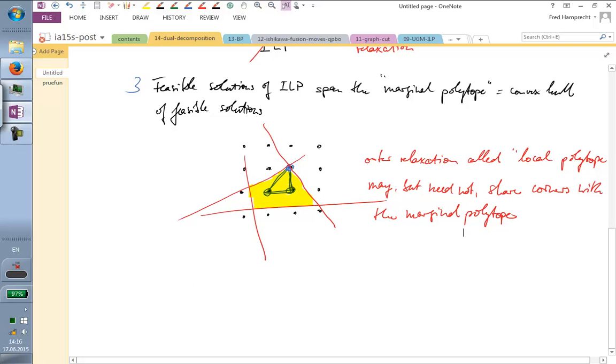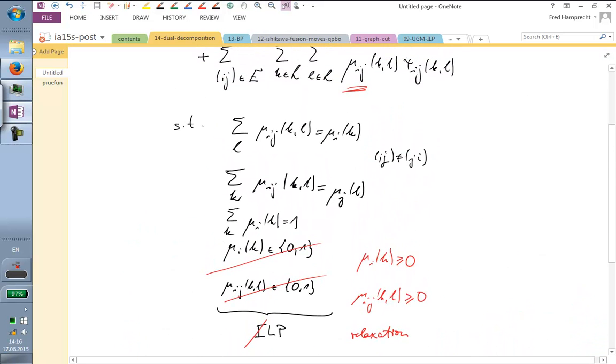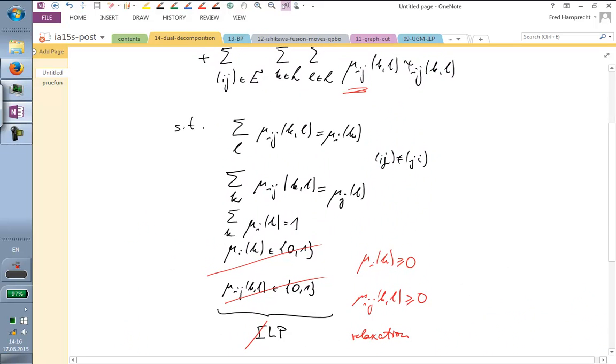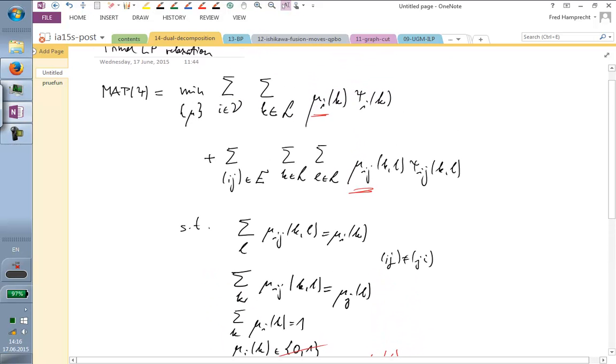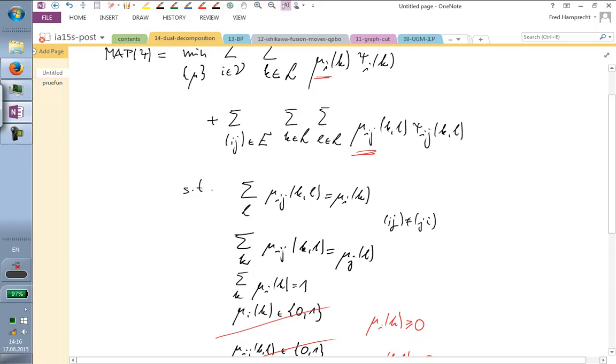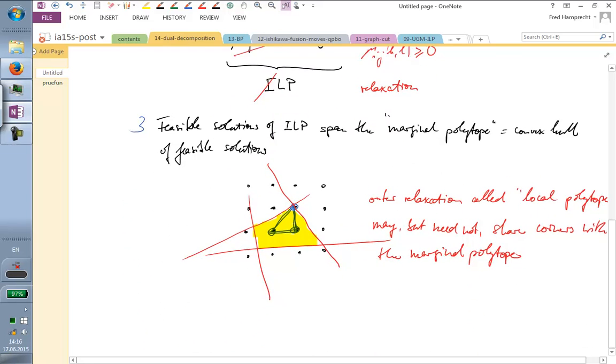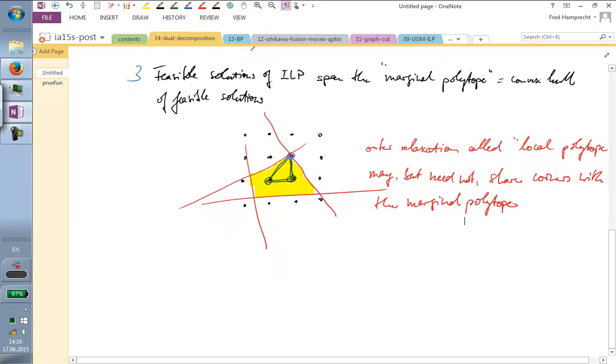So what we see from this picture, or also from the argument that the relaxed problem has a bigger search space than the original problem, means that in this formulation where I want to minimize my objective, the relaxed solution will always have an energy that is lower, or at most as high as the integral solution.